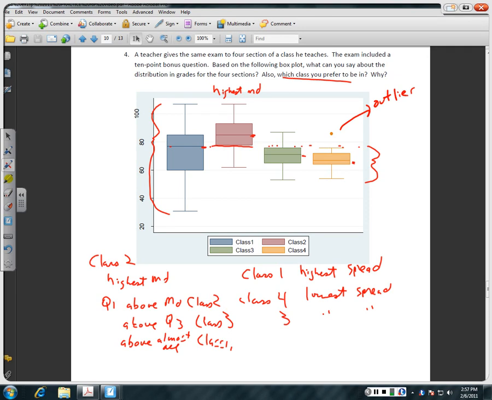So anyway, let's look at this even more practically. Everybody in class 2 looks like they passed the exam because the lowest value is around 60. That's not true of everyone in the other classes. Highest average, everyone passes. Some people got over 100. Yeah, hope you were in class 2.